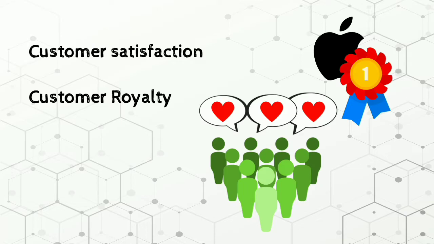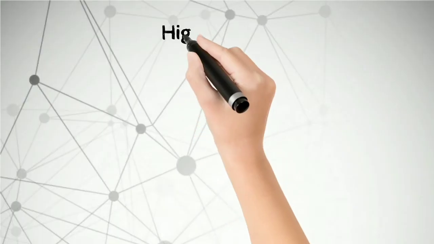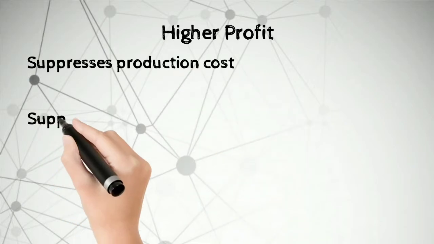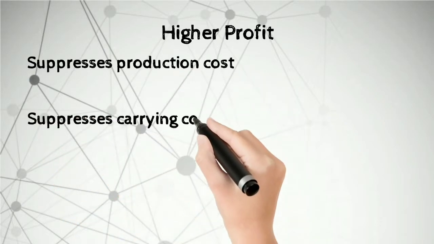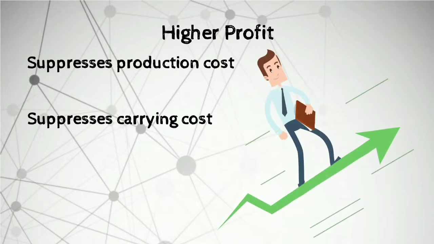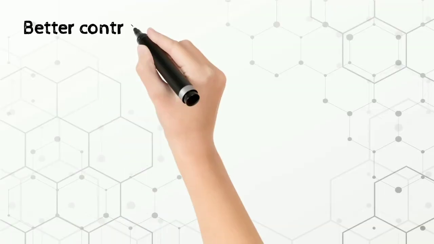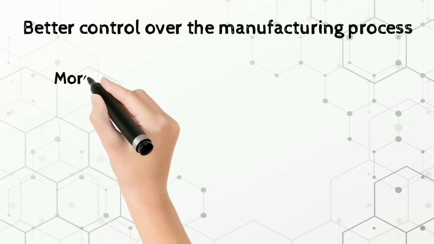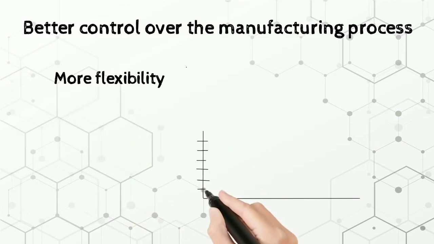And the next benefit is that Apple will achieve higher profit because they surpass the cost of production, also surpass the carrying cost. And the last benefit is that Apple overall has better control of its manufacturing process, leading to more flexibility towards changes in demand.